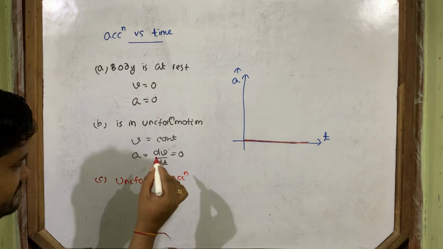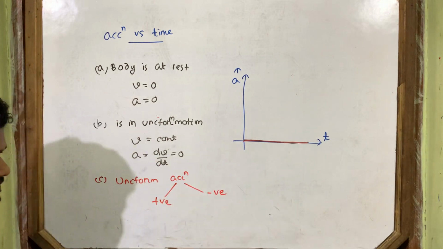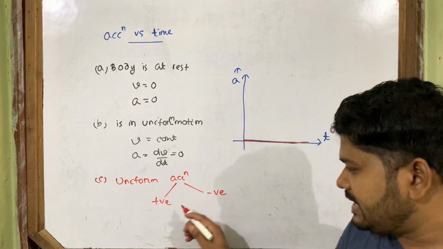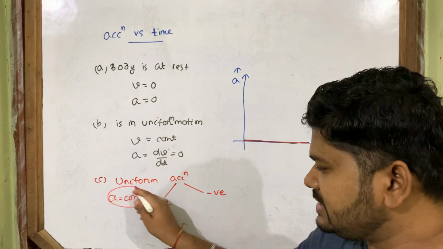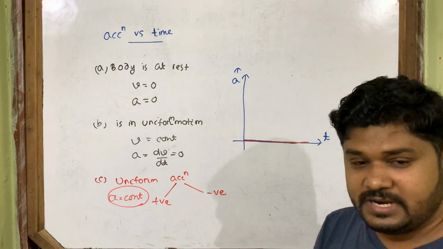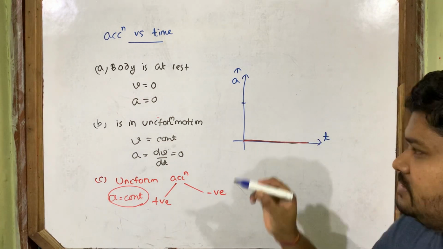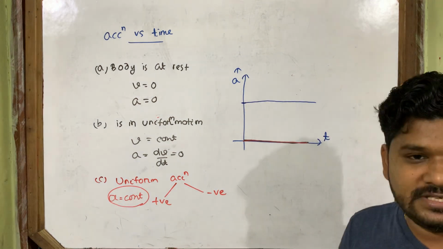Now come to uniform acceleration. It can be positive or it can be negative. Uniform acceleration means acceleration is constant. If acceleration is constant, how will the graph be? Acceleration has only a particular value, so this is the acceleration line.